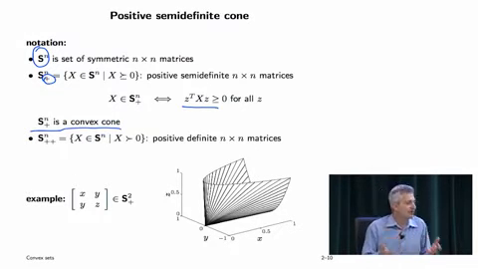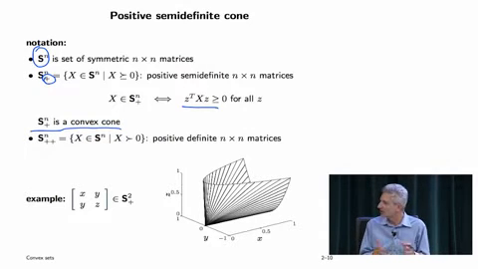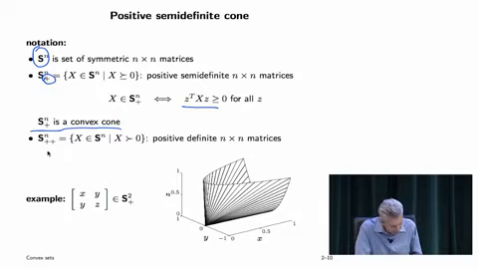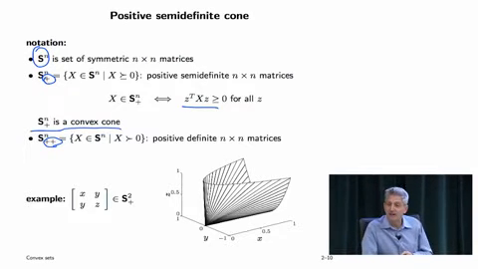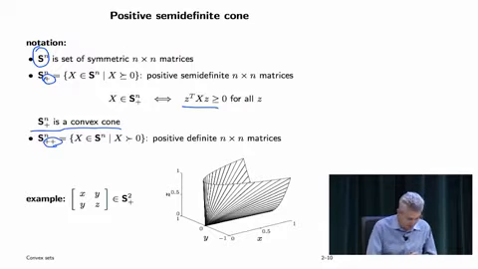These are covariances, if you like to think statistically. They're covariance matrices. If you put plus plus, it's the set of positive definite ones. So these are covariances of random variables that are non-degenerate. Basically, it means the covariance matrix is positive definite.